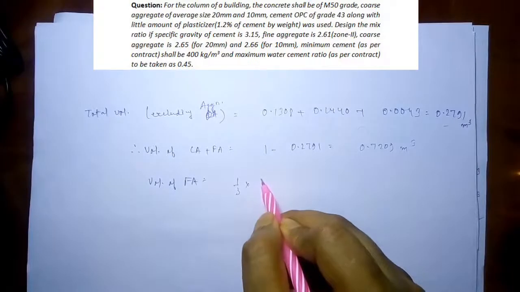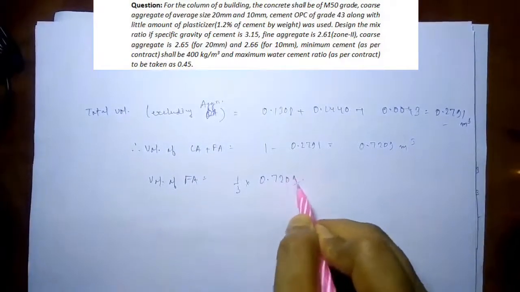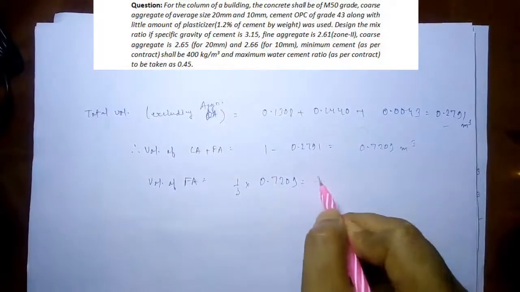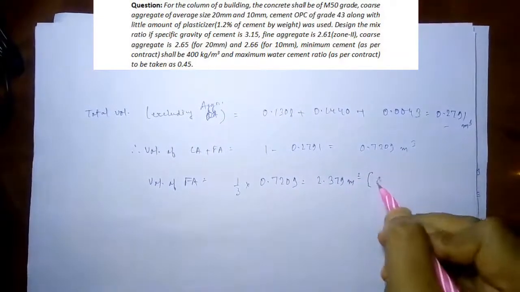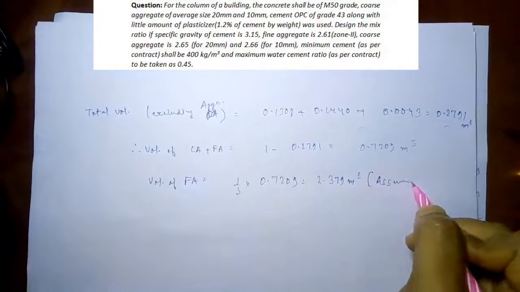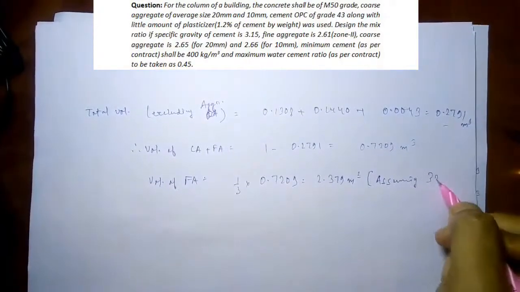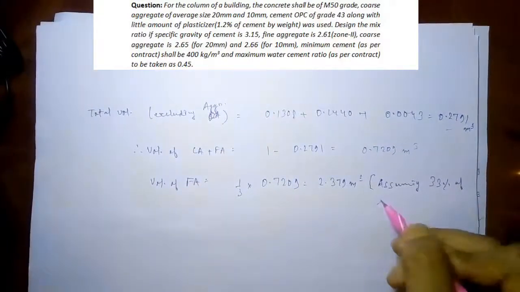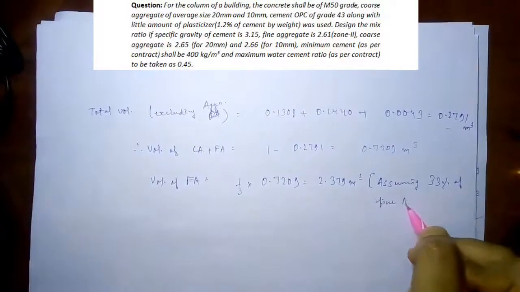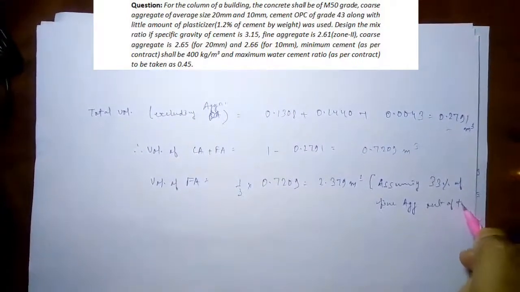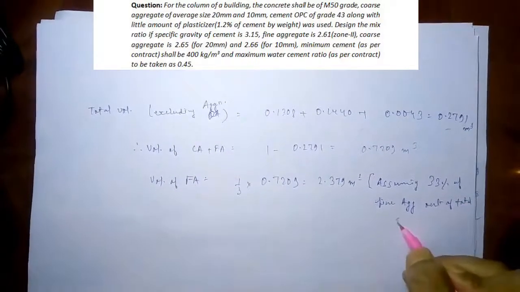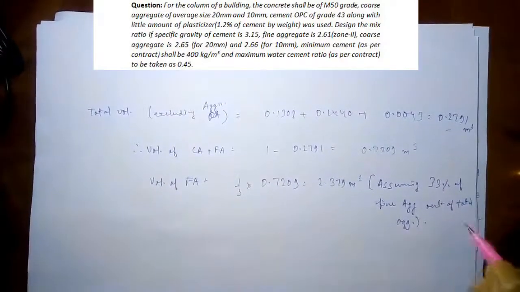So it is 1/3 times 0.7209, which is equal to 0.2379 meter cube. I will write here, assuming 33% of fine aggregate out of total aggregate. So this is the amount of fine aggregate which we are getting.